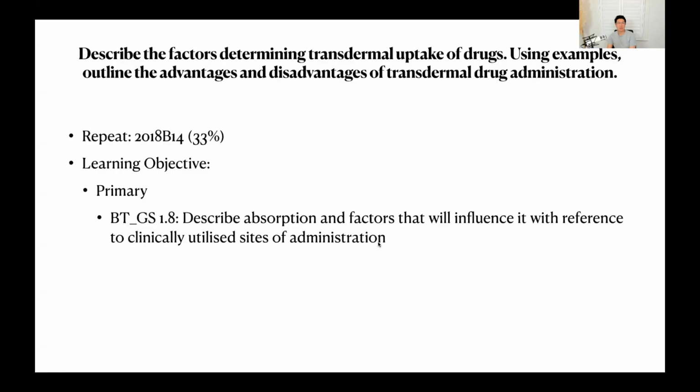And it's no surprise that when you do look at the repeat pass rate, it was set in 2018, had a pass rate of 33%. And the learning objective associated with this is BTGS 1.8, describe absorption and factors that will influence it with reference to clinically utilized sites of administration.